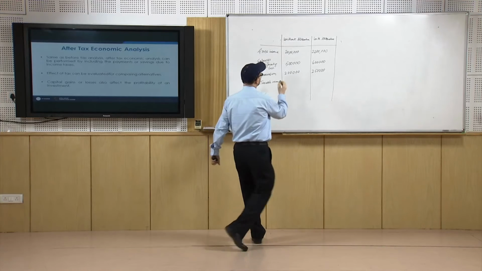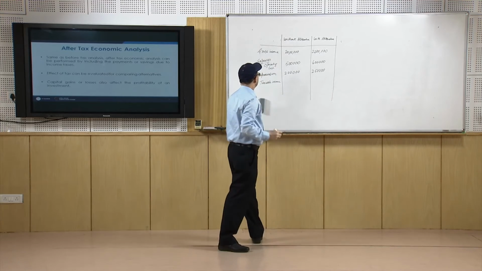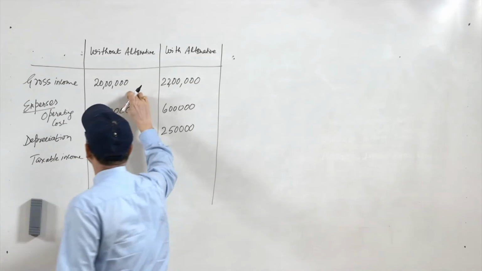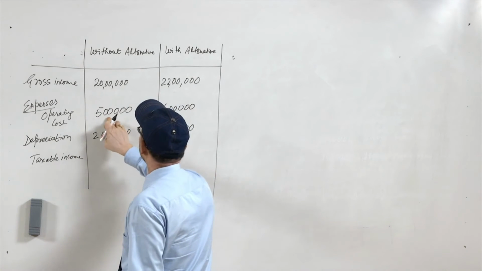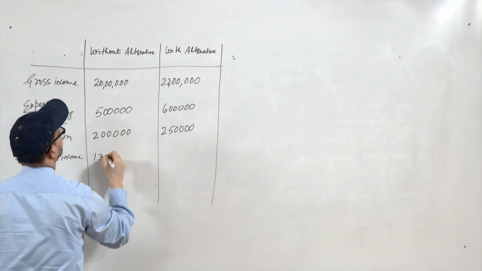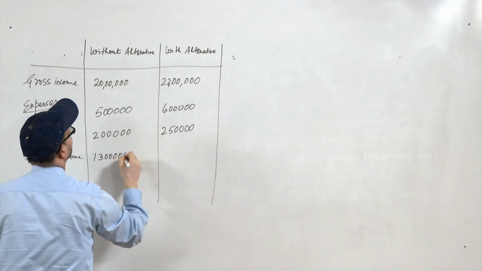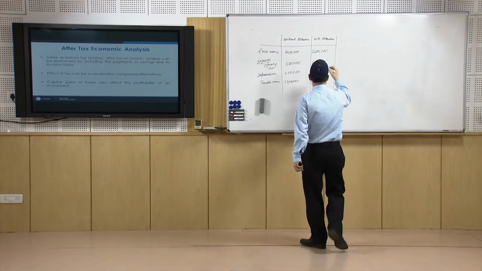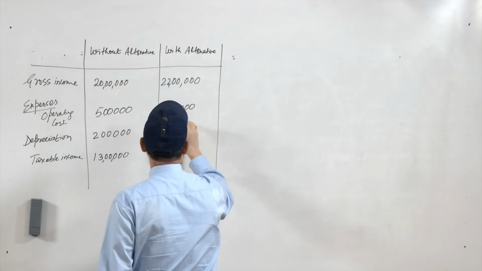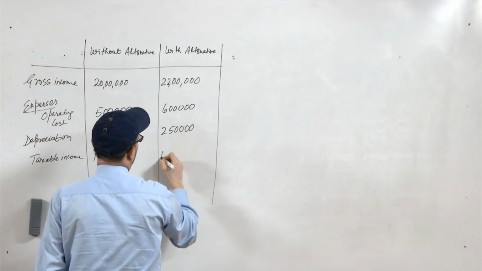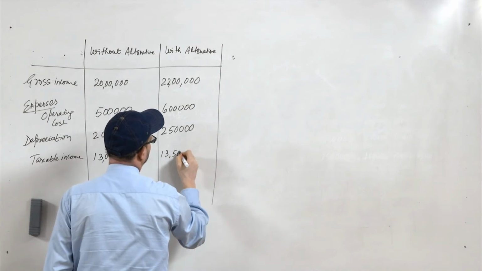Taxable income will be 20 lakhs minus 5 lakhs, 15 lakhs, minus 2 lakhs, so it is 13 lakhs. And here it is 22 minus 6 lakh plus 2 lakh 50,000, so it will be 13 lakh 50,000.